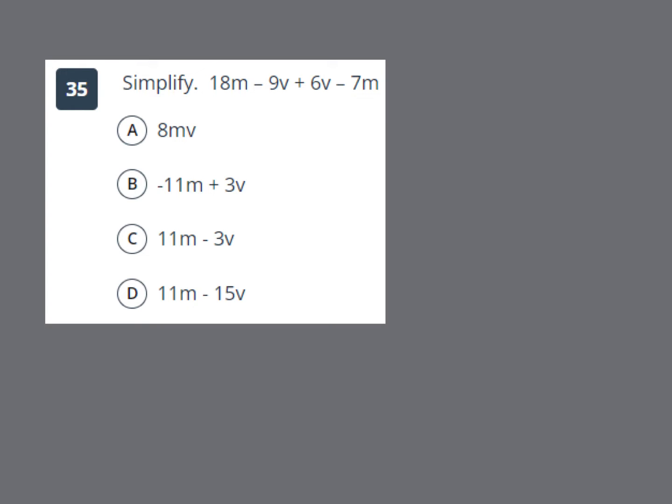Okay, simplify. We've got M's and V's. So 18M, I'm going to box, minus 9V plus 6V minus 7M. I'm going to rearrange these. So I've got 18M minus 7M all together in a box, minus 9V plus 6V. 18M minus 7M.